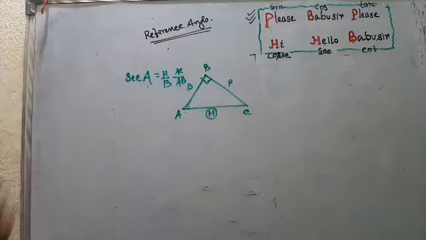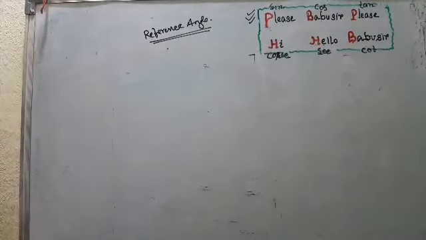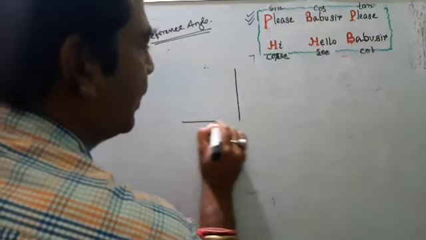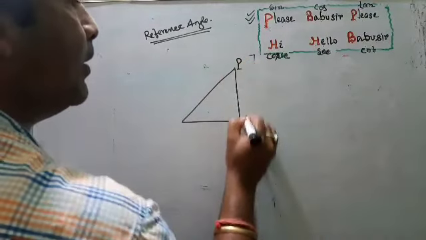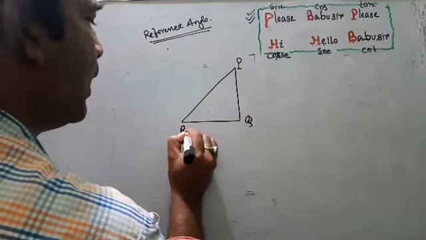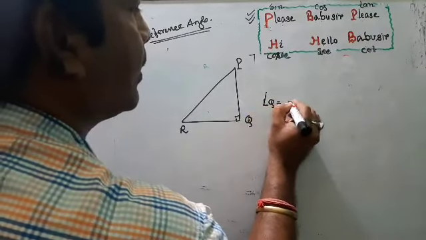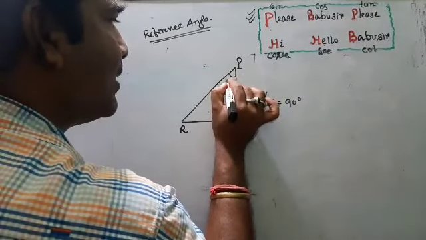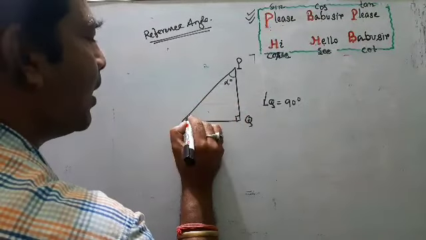Okay, so I check one, give one question, then it is finally clear. Suppose I take triangle P, Q, R, where angle Q is 90 degree. In place of angle P, it is written alpha.